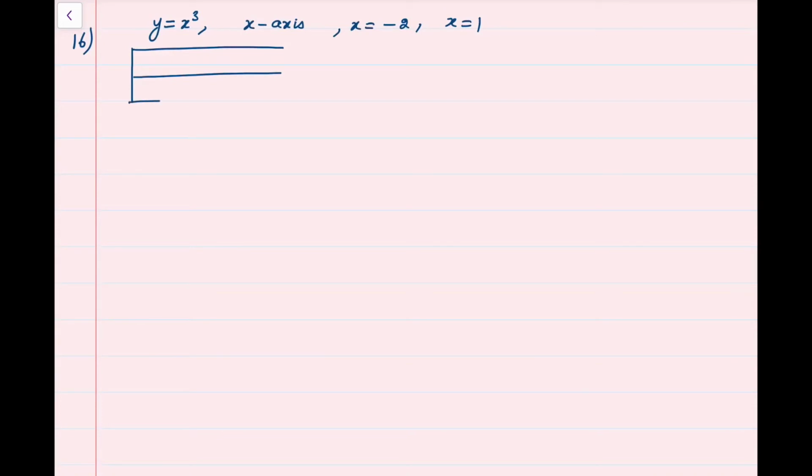Question number 16. Area bounded by the curve y equal to x cube, x-axis and the ordinates x equal to minus 2 and x equal to 1. We will draw the table for the curve y is equal to x cube, and we will take the values from minus 2 to 1.